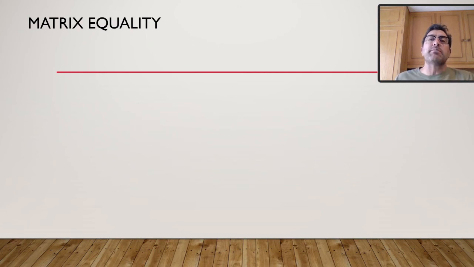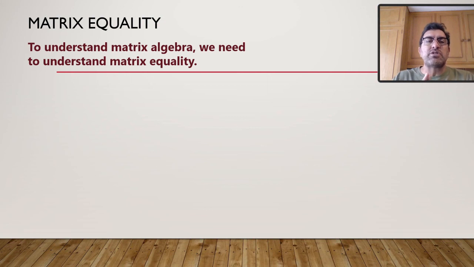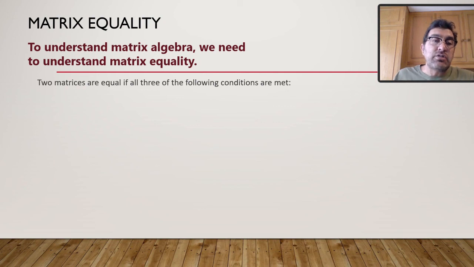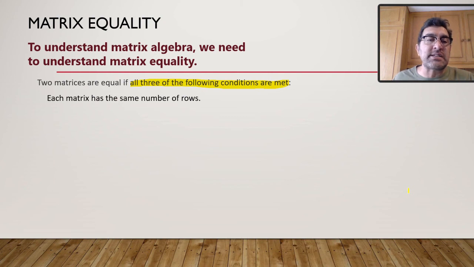Okay, so let's talk about matrix equality. To understand matrix algebra, folks, it's very important that you understand what we mean when we say two matrices are equal to each other. Two matrices are equal if all three of the following conditions are met. The first one is each matrix must have the same number of rows.